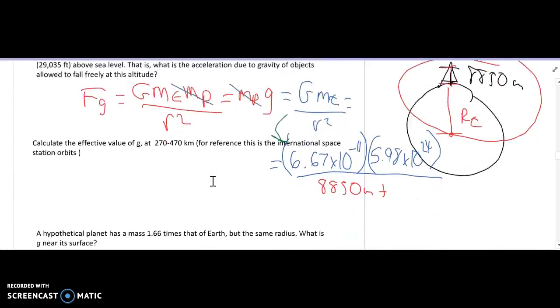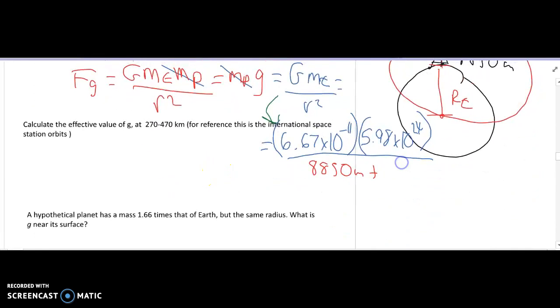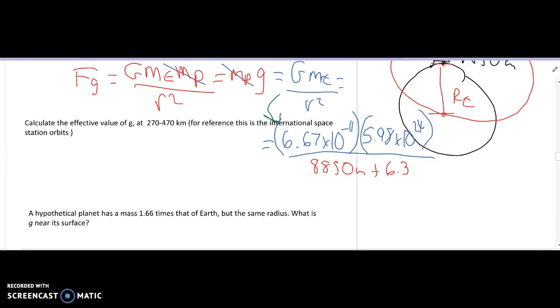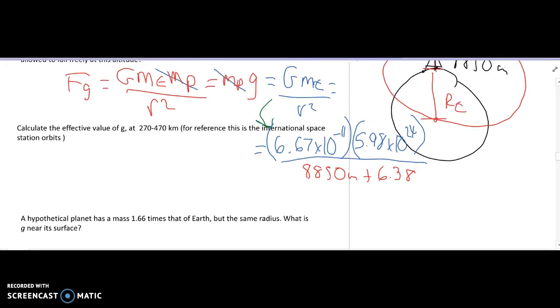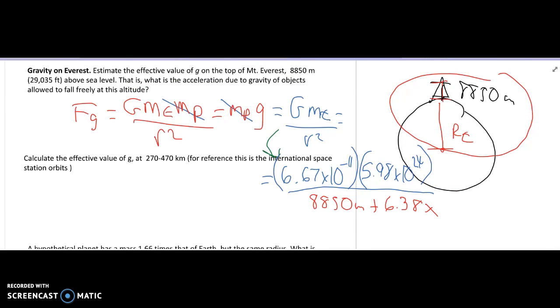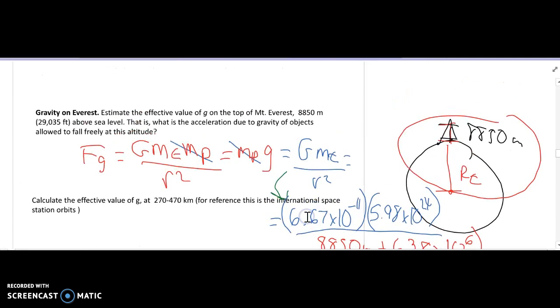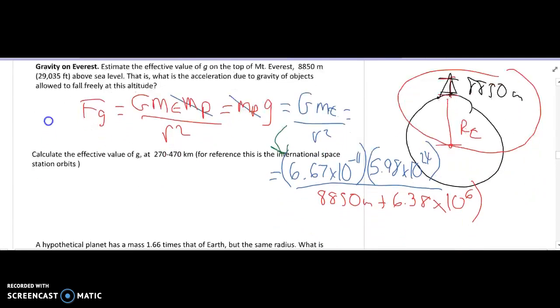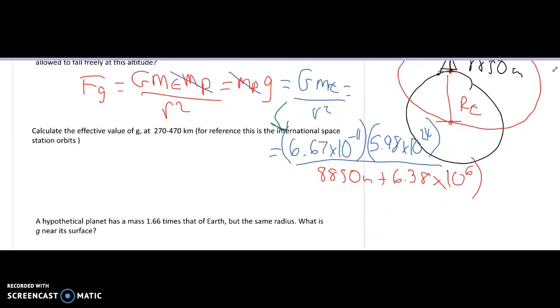Make sure you can do this conversion on your own. 6.38 times 10 to the 6th meters. And then I have to square everything.